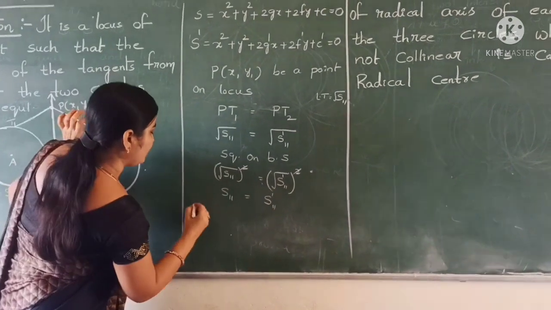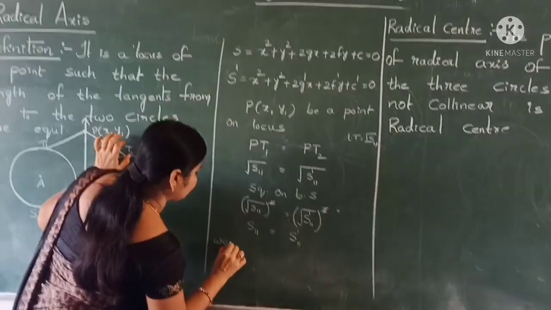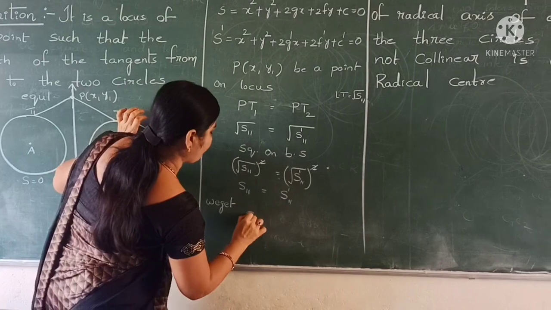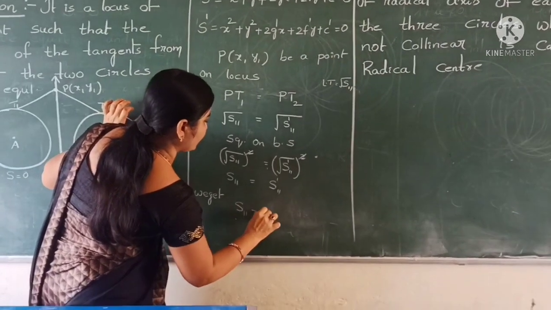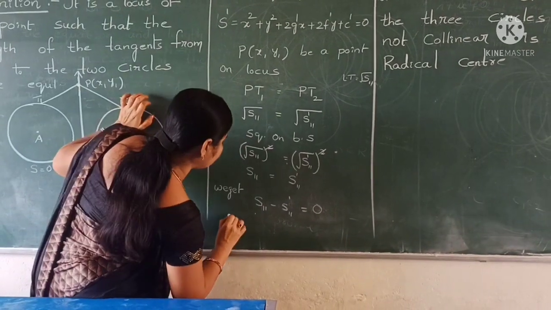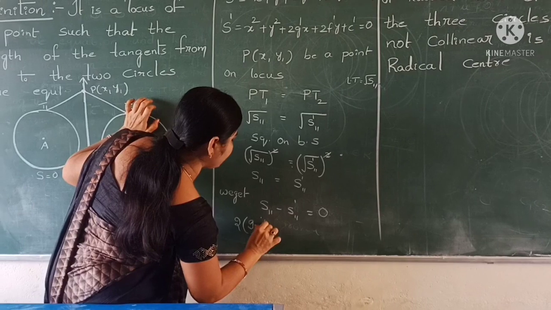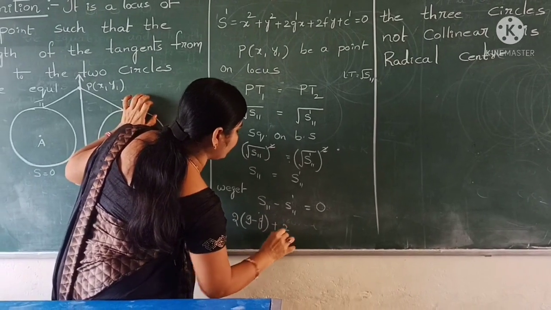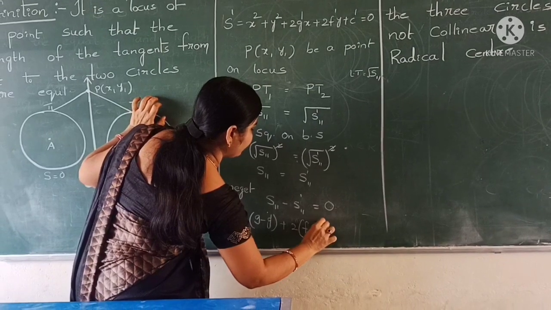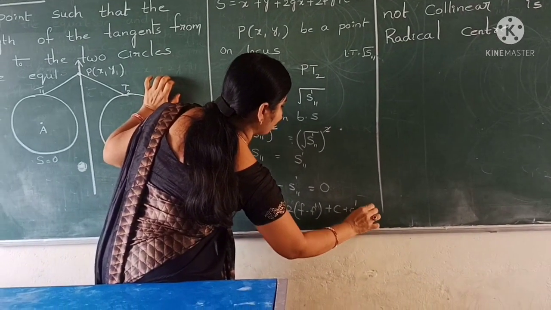Okay, so which equation do we get? We get s11 minus s dash 11 is equal to 0. We get 2 into g minus g dash plus 2 into f minus f dash plus c minus c dash.